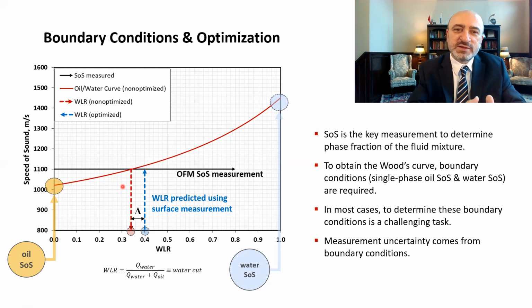We will know that speed of sound with certainty. And after the water breakthrough, perhaps after a couple months, we can optimize the water point so that we can have both boundary conditions optimized. So this is how we do the optimization on the oil or water boundary conditions.